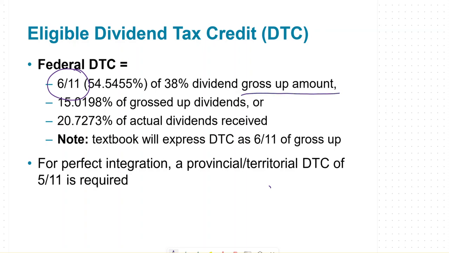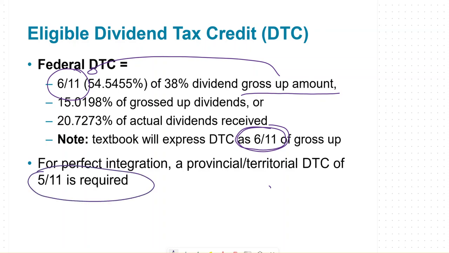The book does it with 6/11 of the gross up amount. For integration purposes, the provincial or territorial credit is 5/11.